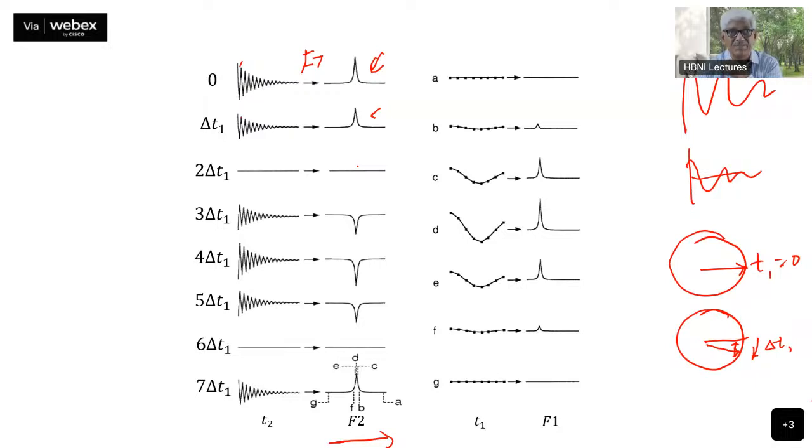The time axis is T2. Now look at the different points here, A, B, C, D, E, F, G. Consider these various points and look at each of these points on the different spectra here, and you plot them here.